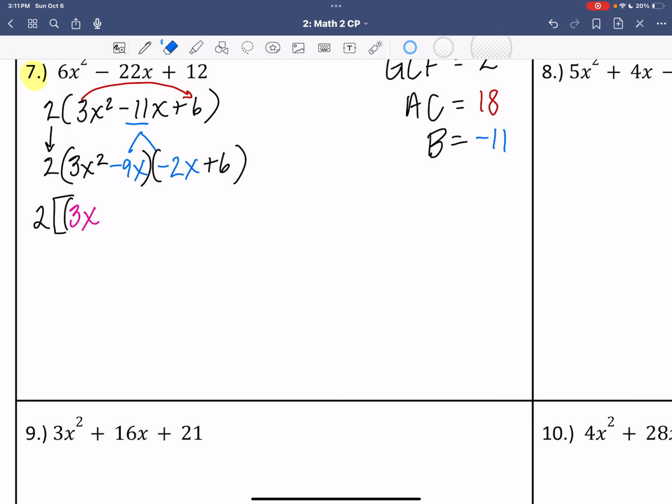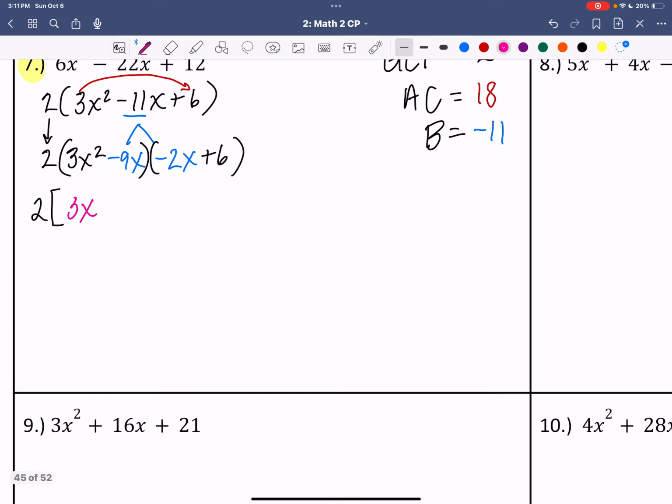Oh, sorry, I put the parenthesis in the wrong spot. Okay, let's try this again. Sorry, I got excited with my parentheses here. All right, so we factored out a 3x, so I have x minus 3 left over.